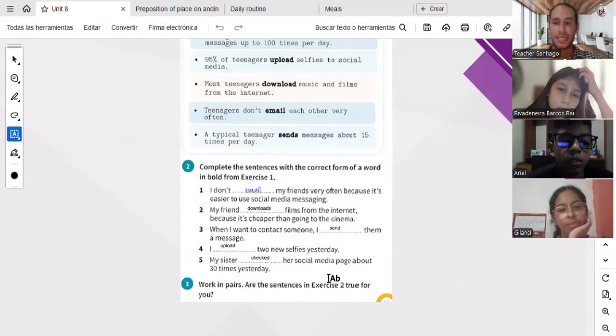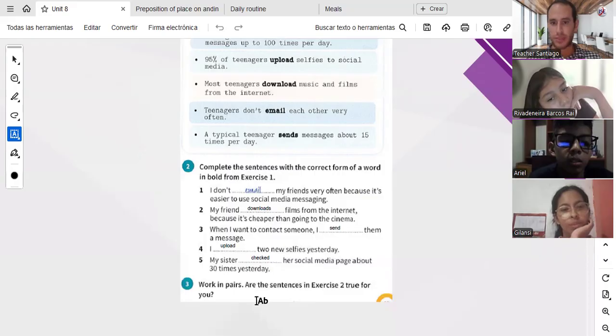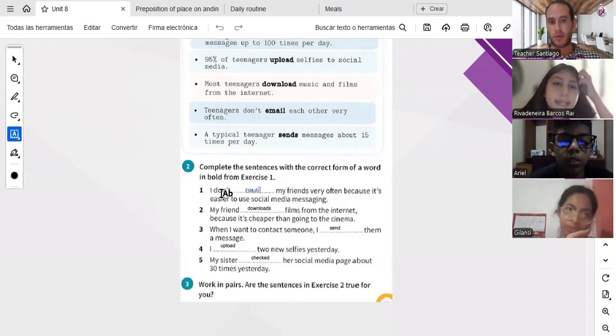Do you understand the question? Are these sentences true for you? O sea, usted hace alguna de estas cosas, estas oraciones son verdaderas para usted. For example, I don't, or you don't. Which one is true for you?